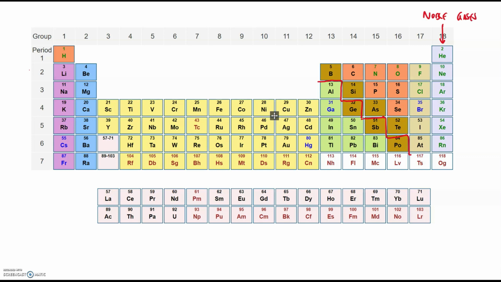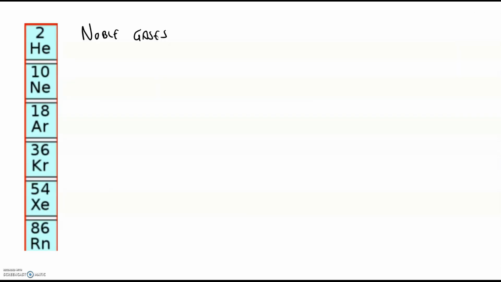Let's take a closer look. So here is our group of noble gases. They're found all the way on the rightmost side of the periodic table in group 18. And there are 6 commonly recognized noble gases.